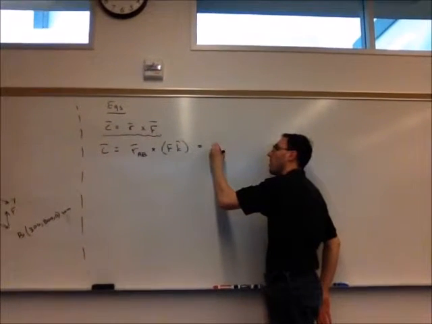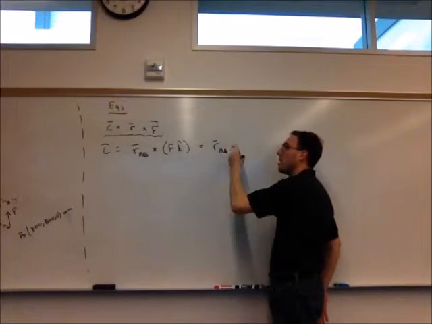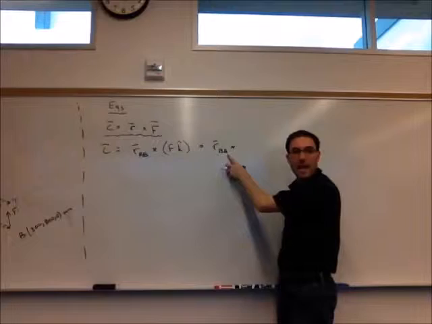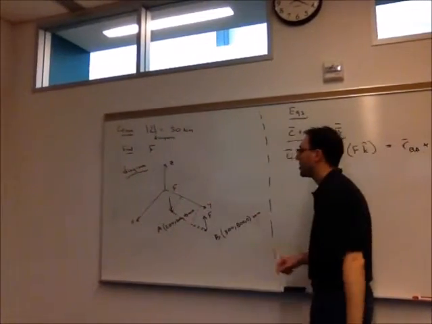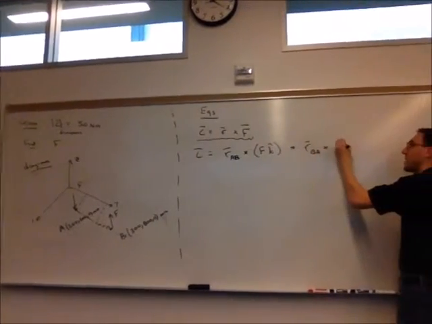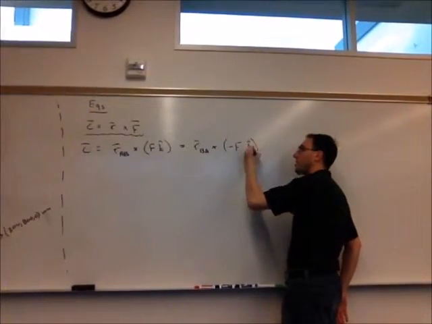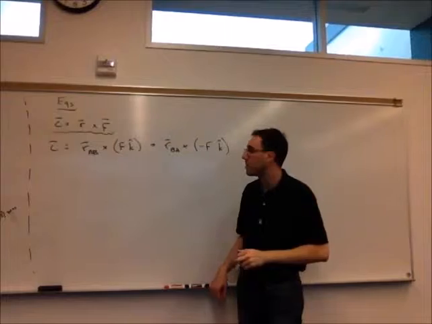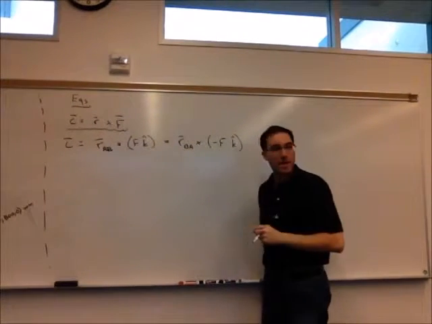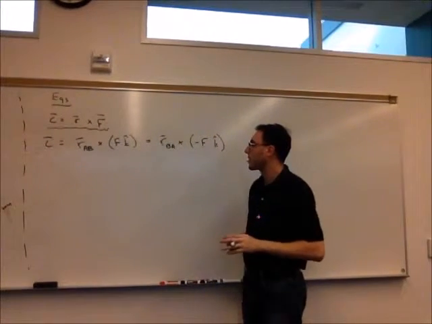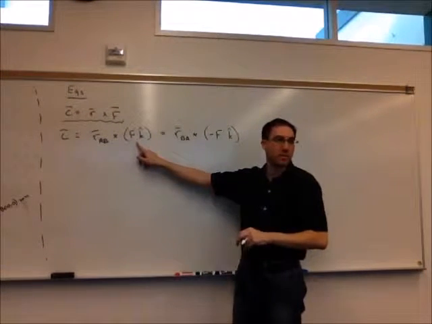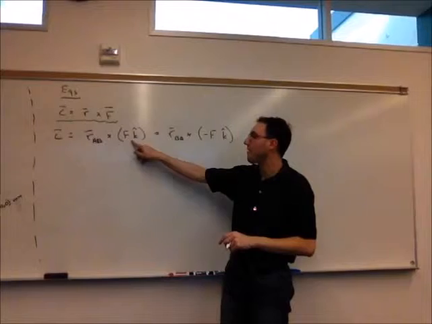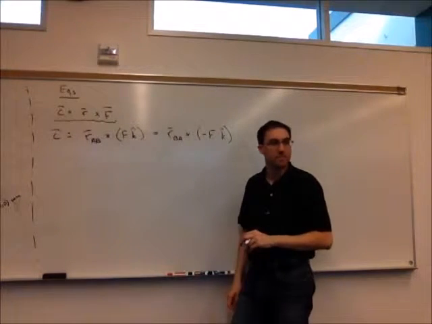Or we could use RBA, but now we have to use the force that acts at point A. Here you see F is down, so this is going to be a different vector: negative F in the K direction, since it points in the negative Z direction. We'll get the same answer either way, but we want to make sure that wherever the vector ends, we're using the force at that point. So here we'd use negative Fk.